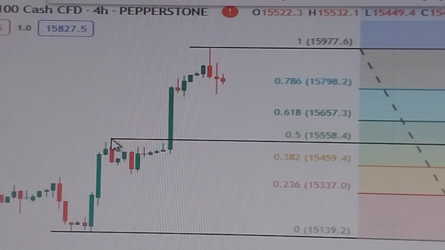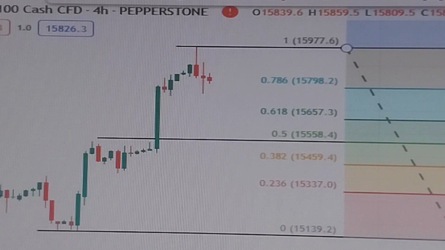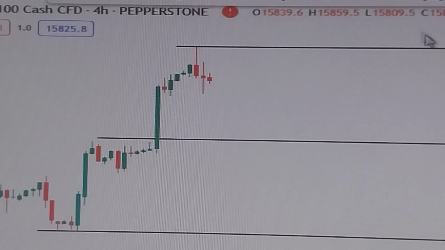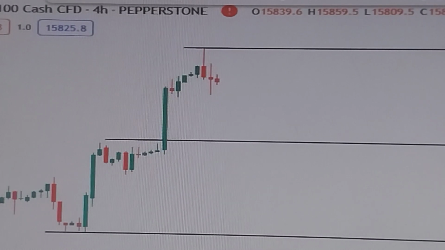So when you look in the zone, the price gave us something that you all have to identify.